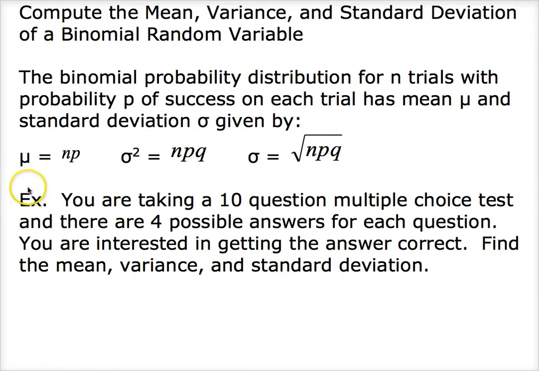Compute the mean, variance, and standard deviation of a binomial random variable. The binomial probability distribution for n trials with probability p of success on each trial has a mean and standard deviation given by the following.